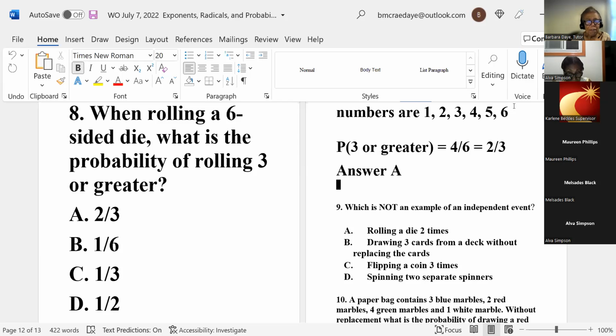In other words, if you flip a coin, you have 2 possibilities. What are they, Mercedes? Head or tail. Now, if you flip it and get a head, and then the second time you get a tail, is that independent or dependent?